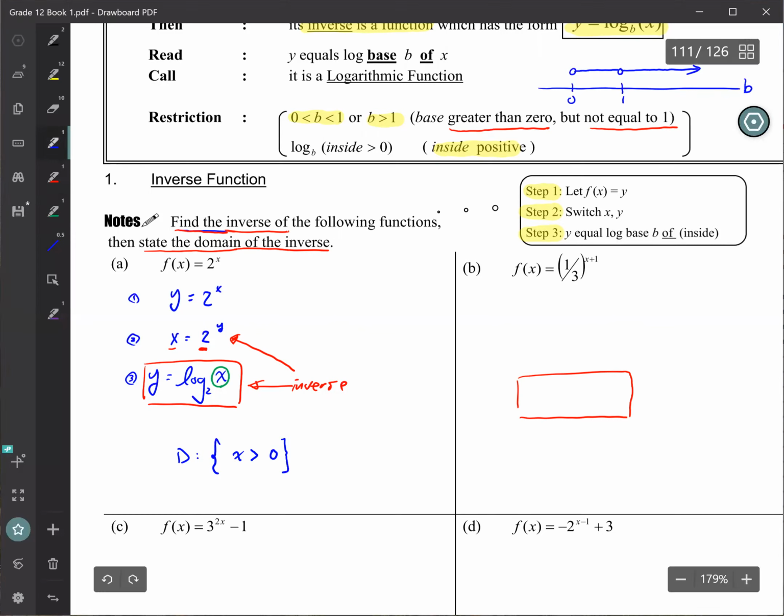So just simply follow the 3 steps, and then write the domain. If you get stuck, you can also raise your hand, okay? So I know you've tried.